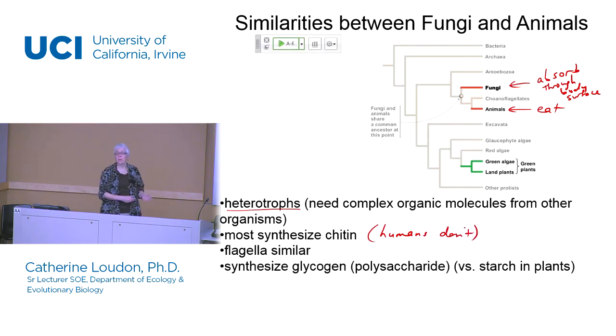Most animals do. So for example, if you think of insects, part of the outer covering on insects is chitin as one of the individual chemical components. And so most animals, even though we don't, do in fact have the ability to synthesize chitin, and it's part of their bodies. Fungi also, most, although not all, synthesize chitin as well. So that's another similarity.